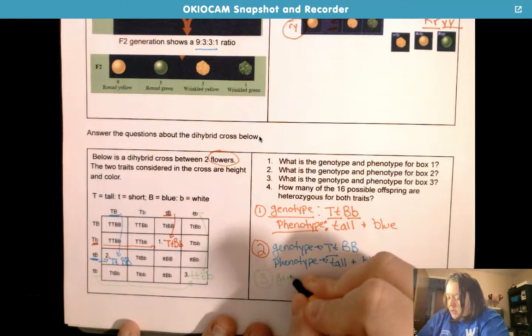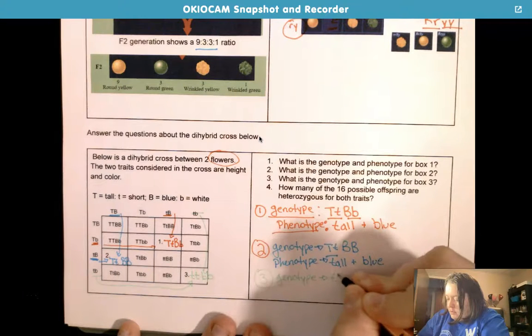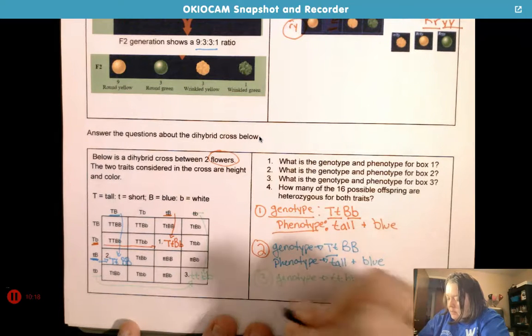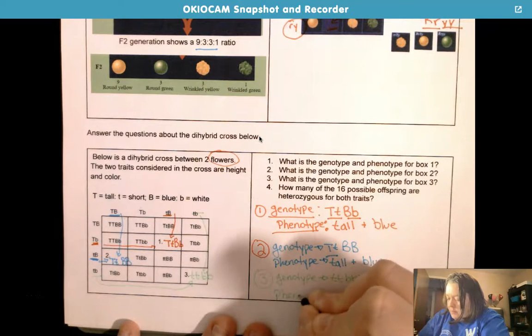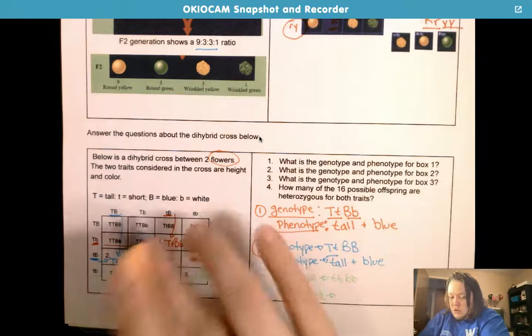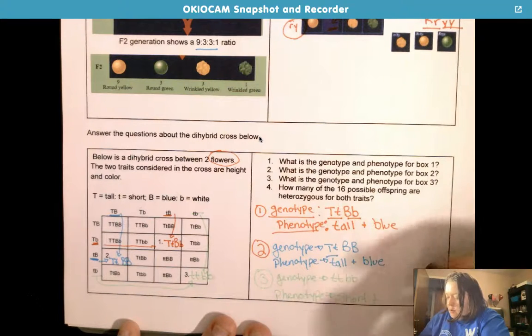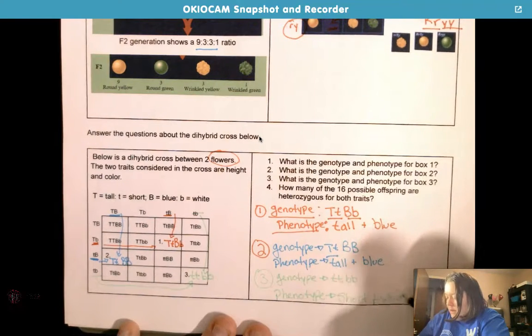So our genotype is small t, small t, small b, small b. And for our phenotype, that's what it's going to look like. Small t is short. Small b is white. This is a short white flower.